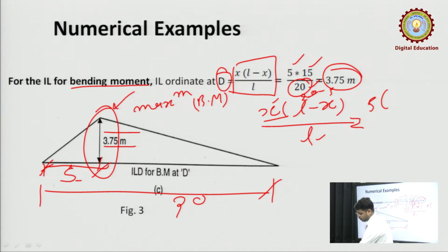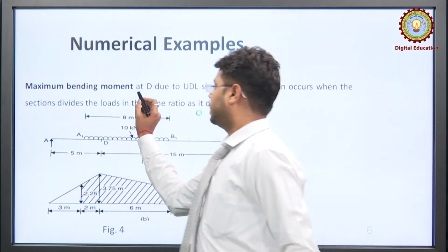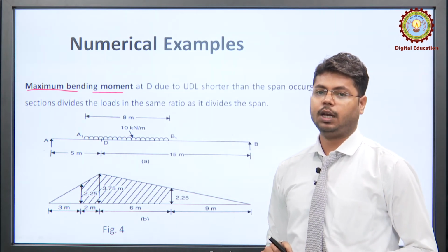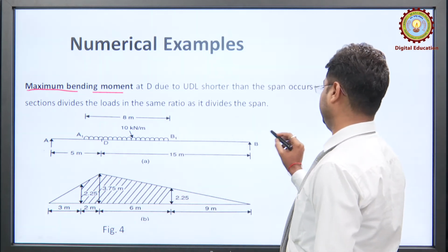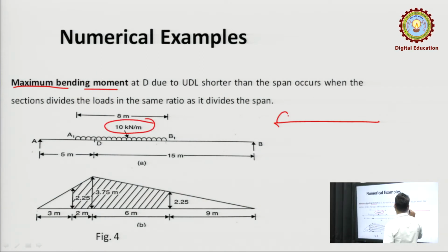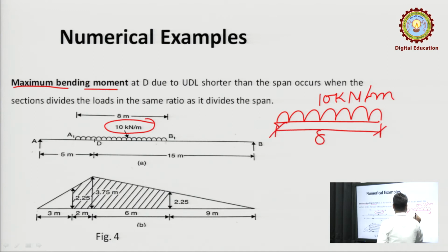Okay. Next thing we have to calculate is the maximum bending moment. How can we calculate that? See, we have a rolling load of 10 kilonewton per meter. The total length of the UDL is 8 meter.